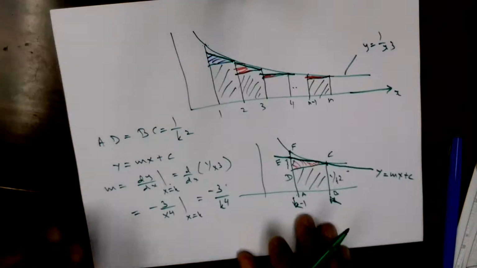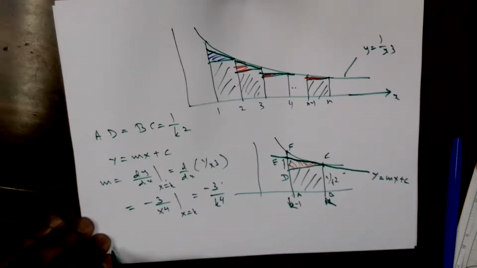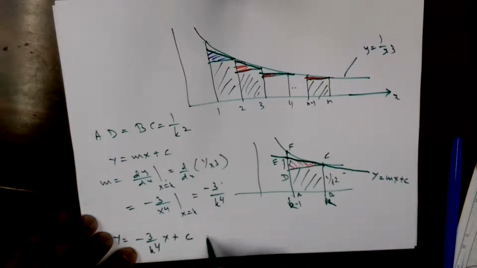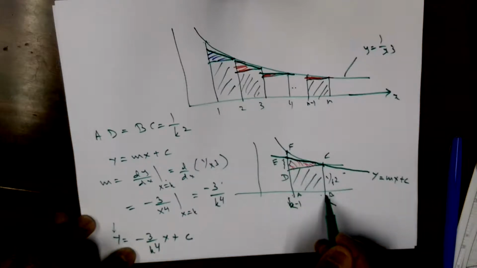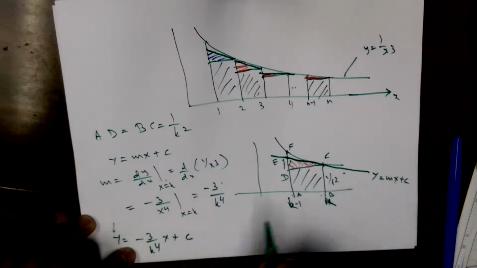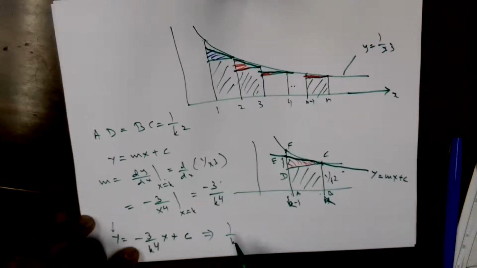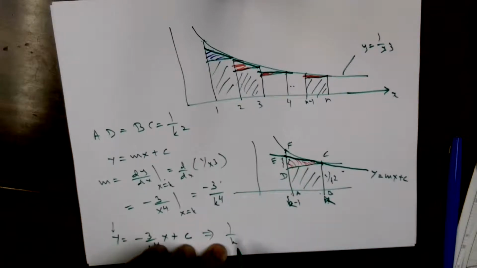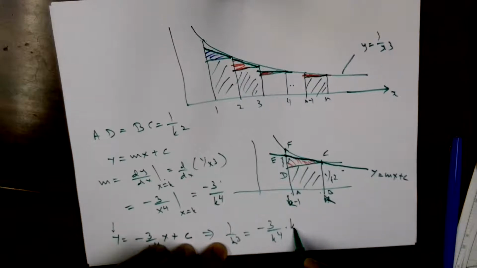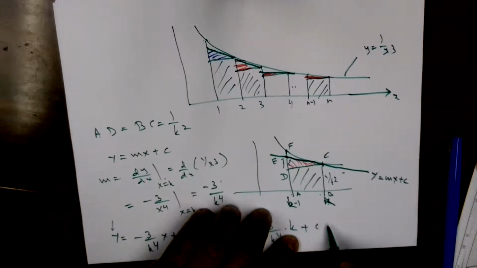And once again, the graph is y equal to minus 3 by k to the 4 x plus c. So now let me substitute that point again. We know the value of x is k, and y is 1 over k cubed. So 1 over k cubed is minus 3 by k to the 4 multiplied by k plus c.